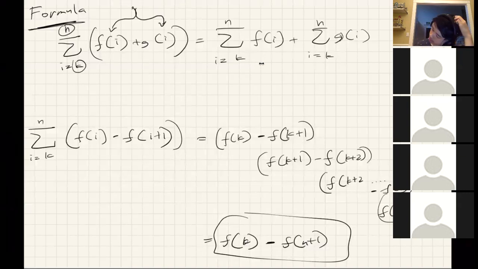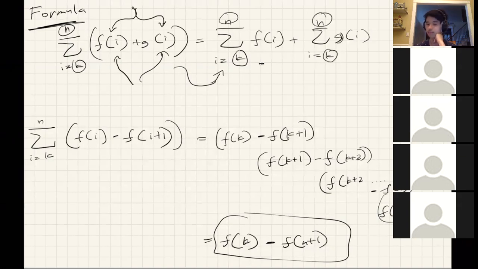So what you can do is split the summand into its two respective components, which in this case, we're going to call f of i and g of i. Then the sum is going to become the sum of f of i evaluated from k to n, plus the sum of g of i evaluated from k to n, right? It's a very simple idea, but it's quite a powerful one.